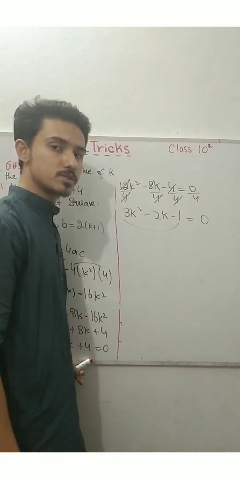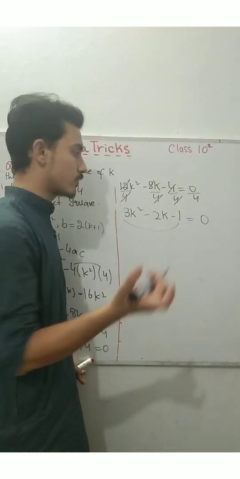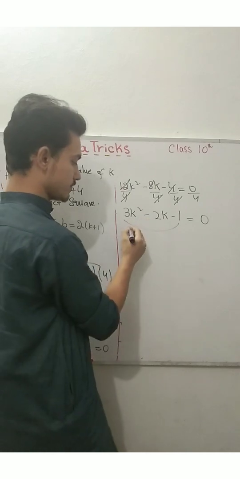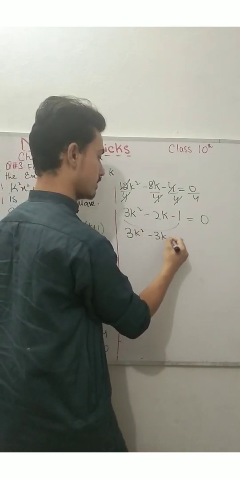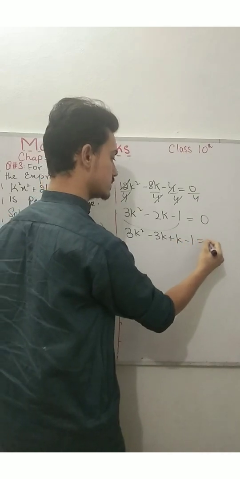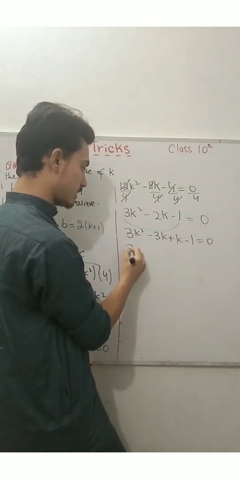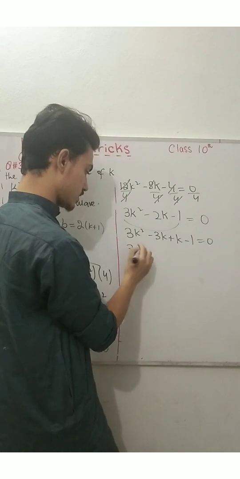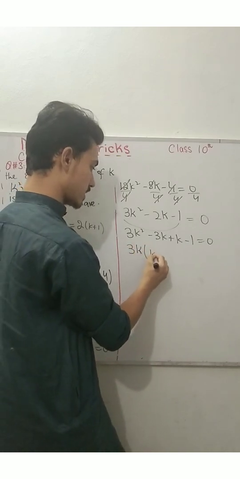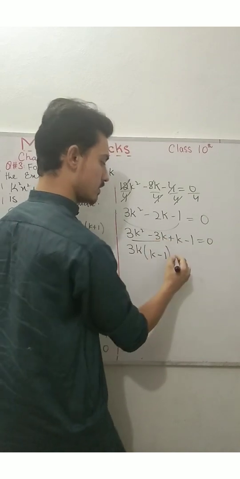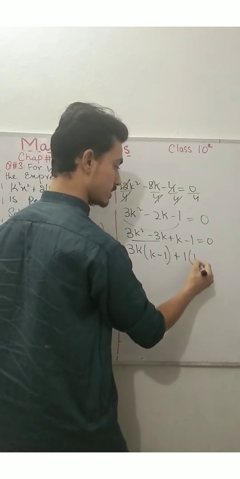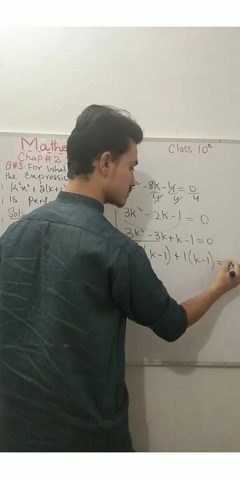So I need two numbers whose product is minus 3, and on addition they give you minus 2. 3k square minus 3k plus k minus 1 equals 0. Let's take common: 3k is common, k minus 1 is left in these two values. Plus 1 is common, k minus 1 equals 0.